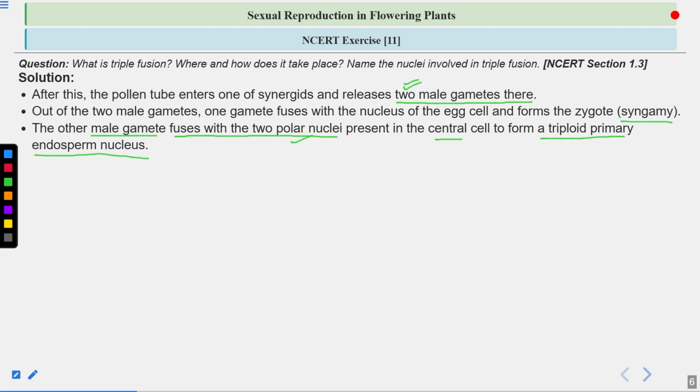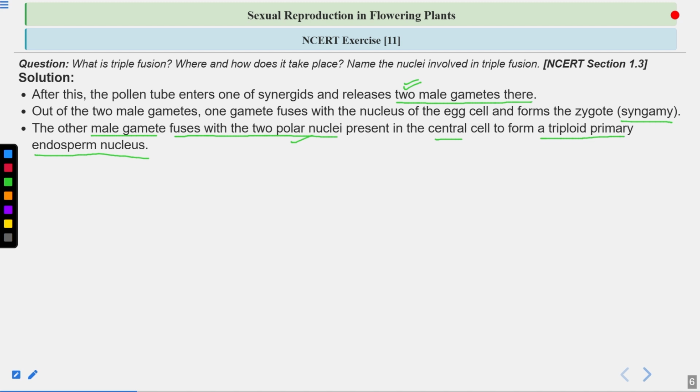So that nucleus is called the primary endosperm nucleus, and it is triploid in ploidy. How does it become triploid? Because one male gamete is haploid, and the two polar nuclei are also haploid. So three haploid nuclei fuse together, and the ploidy becomes triploid.